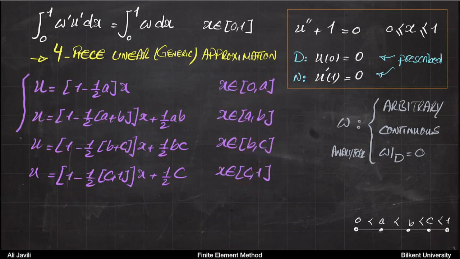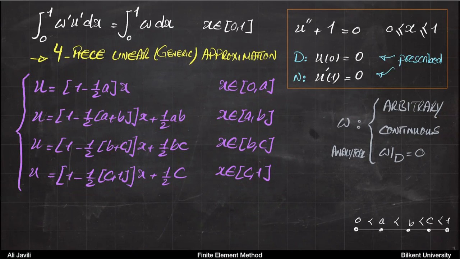Now, what I want to do next is to write all of these in that generic form. And that generic form in this case, if you think about it, looks exactly the same way that we did previously.